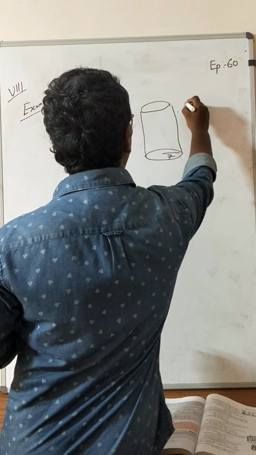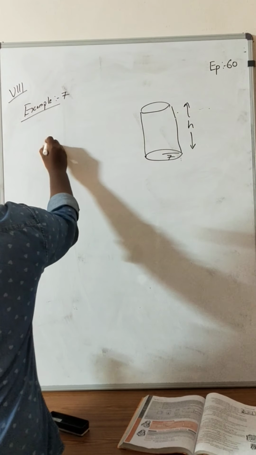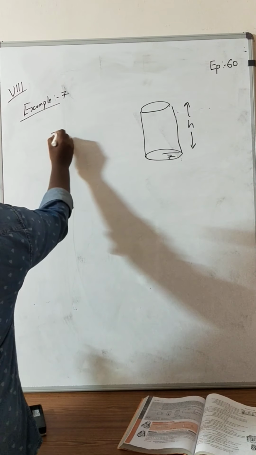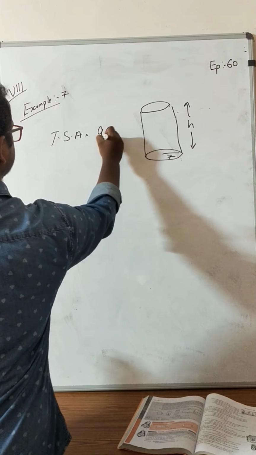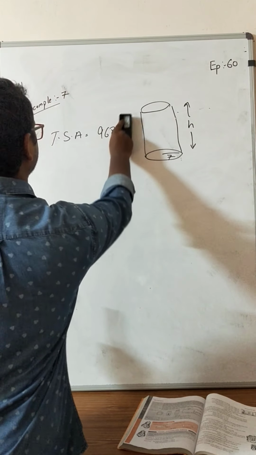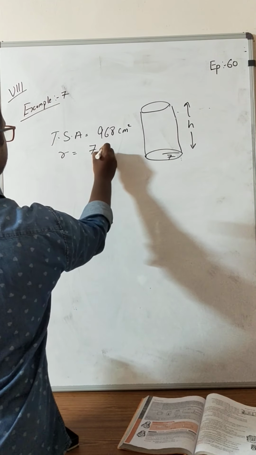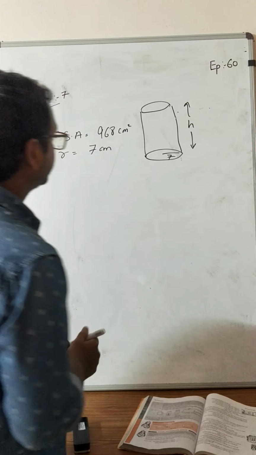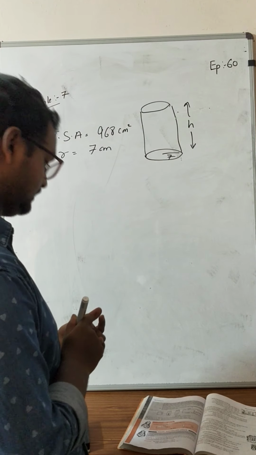So here we have to find the height. Our clue is the total surface area, TSA, which is 968 centimeter square. Radius is given, which is 7 centimeter.